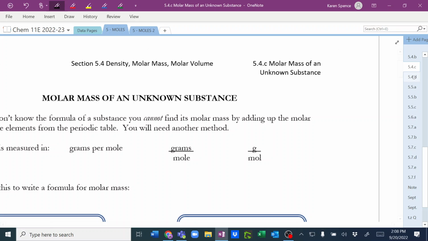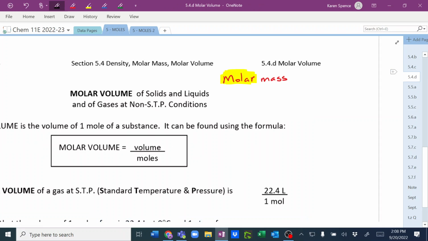Ladies and gentlemen, what does the term molar mass mean?